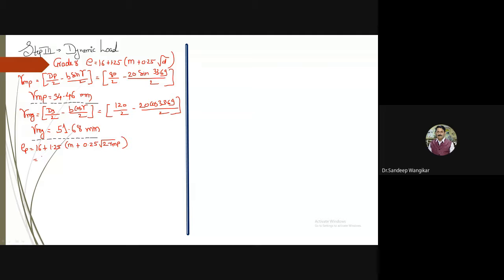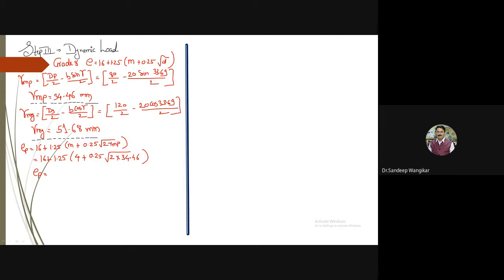So I can write the values here 16 plus 1.25 into bracket 4 plus 0.25 under root of 2 into 34.46. Just substitute all the values, you will get EP is equal to, and keep this is in micron, therefore you have to multiply it by 10 raised to minus 3, then it will become in millimeters.